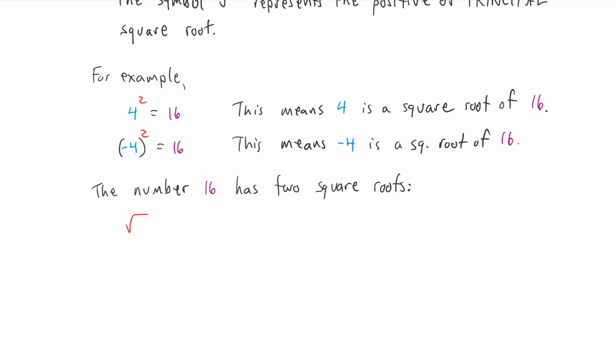So the square root, my color is wrong here, 4 and negative 4. It has two square roots, 4 and negative 4.